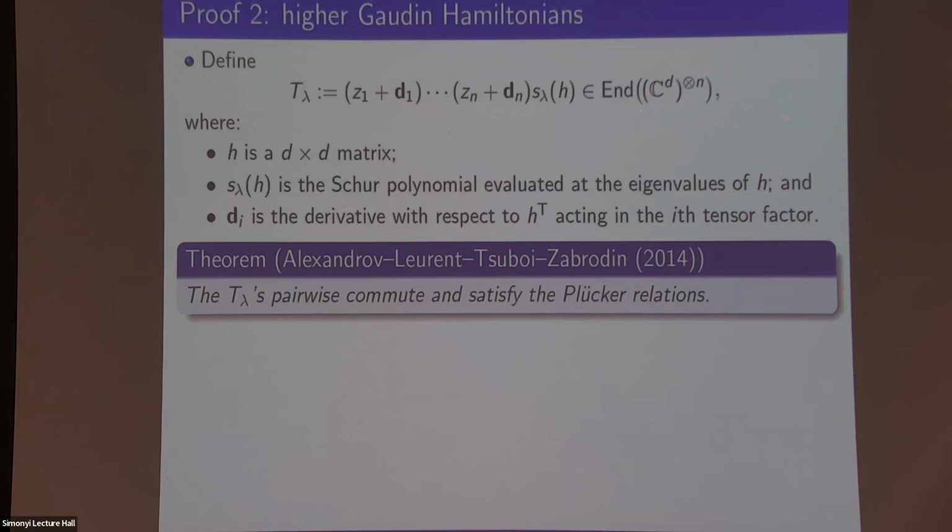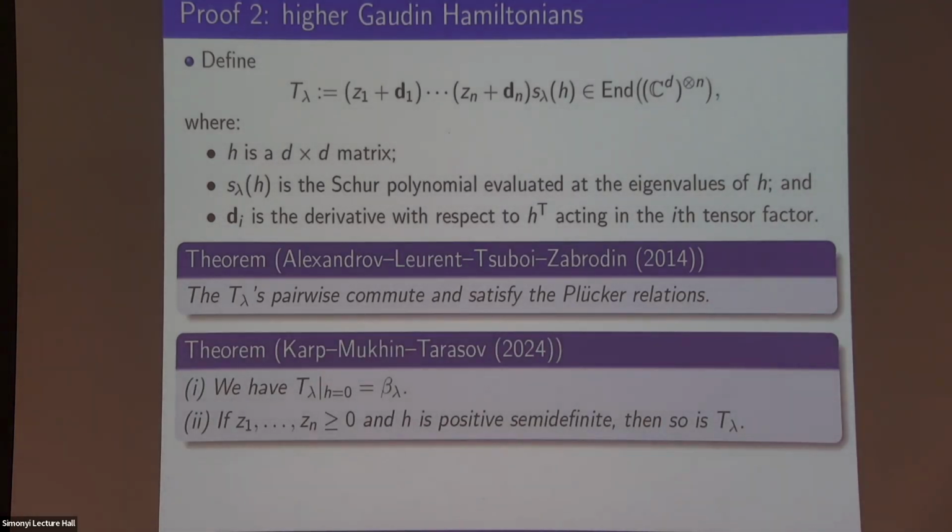These were considered by Alexandrov, Leurent, Tsuboi, and Zabrodin, and they proved that these things pairwise commute and satisfy the Plücker relations. The fact they commute is a consequence of the Yang-Baxter identity. And the fact they satisfy the Plücker relations, interestingly, they also used this KP hierarchy, Hirota's identity, though it's not clear to me how our two proofs are related.